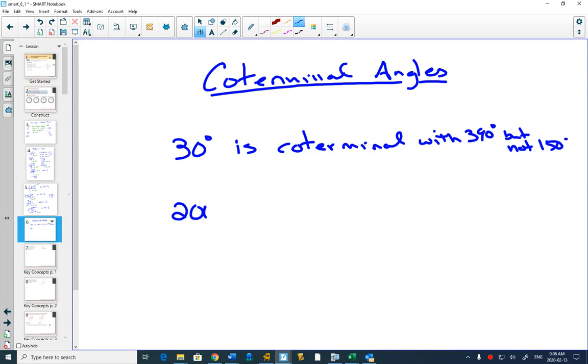200 degrees is coterminal with negative 160 degrees, but not positive 160 degrees.